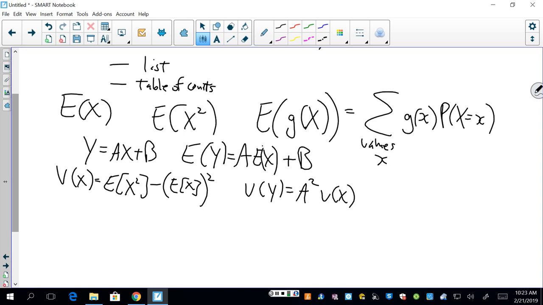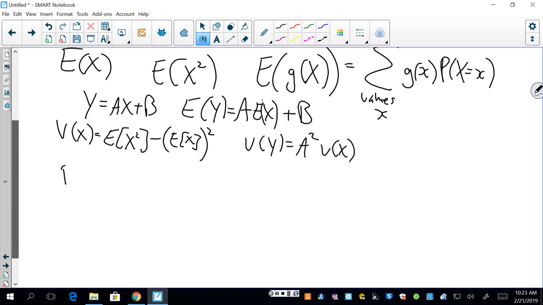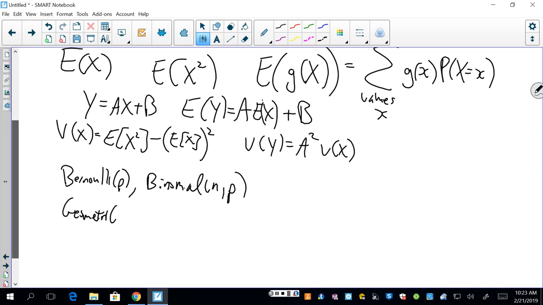And then we looked at a few special cases. Bernoulli, so one trial with a probability p, or binomial with n trials and a probability of p. We looked at geometric with a probability of p, or negative binomial.